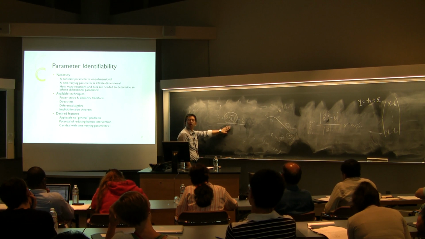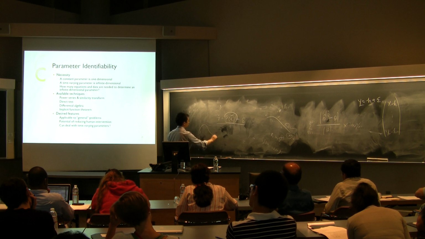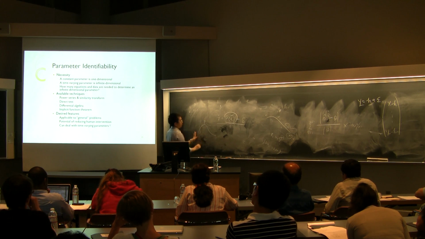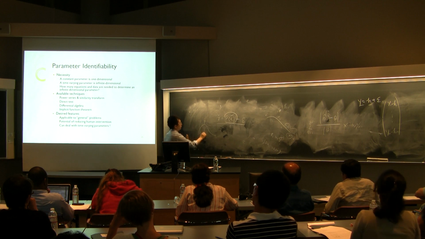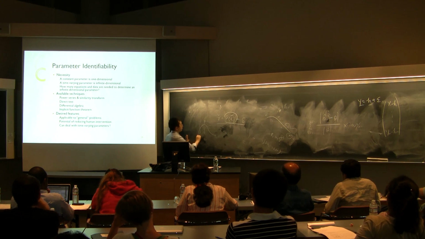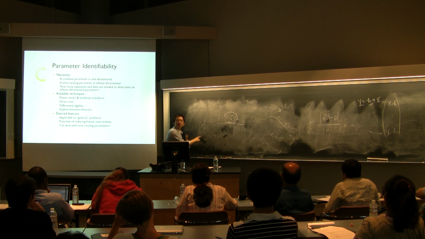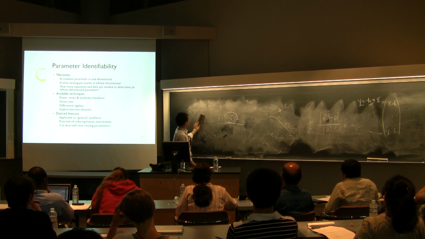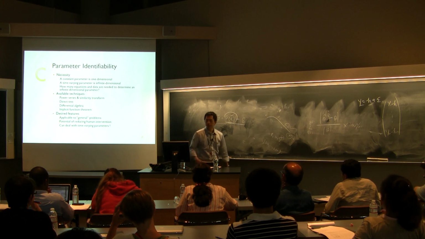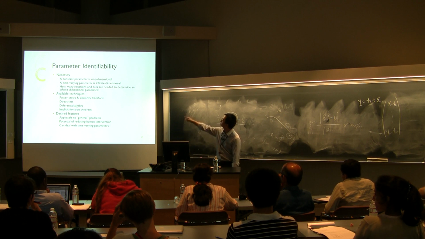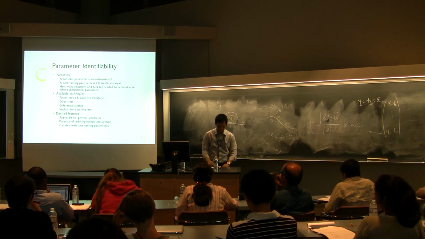Does that make sense? For example, if you have a curve, I shift it up or I shift it down. I can always use another time function to represent what's shifted, right? So that's why, when you use this kind of thing, you still need to verify the identifiability.